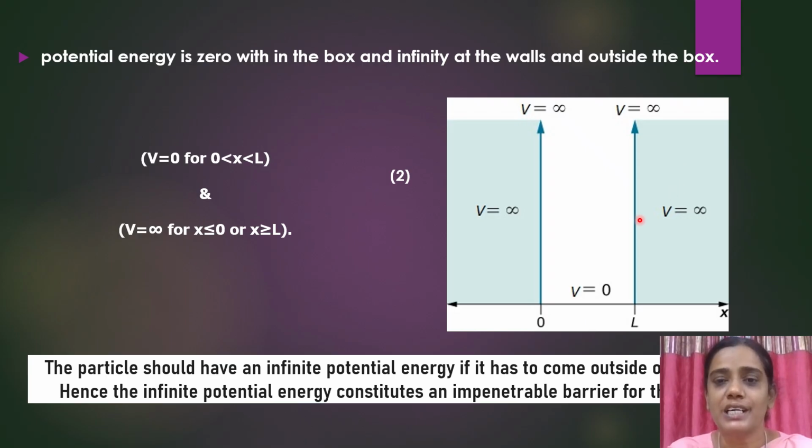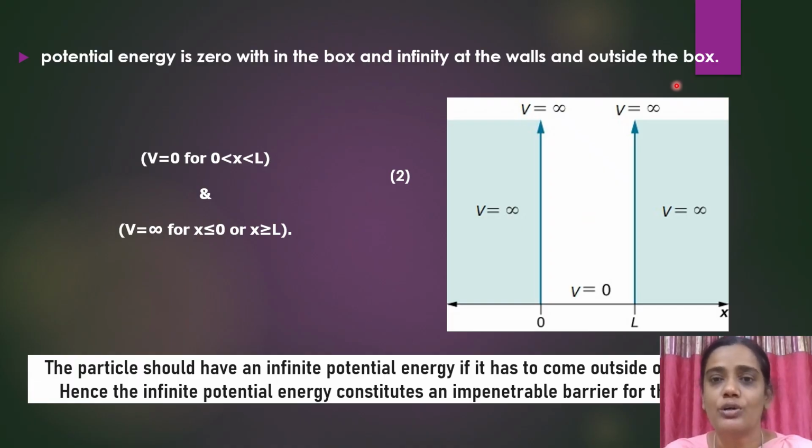So the particle that is residing within this wall has zero potential. In order to cross over this wall, this particle should possess infinite potential. Unless and until it has that infinite potential, it has to reside within the wall itself.